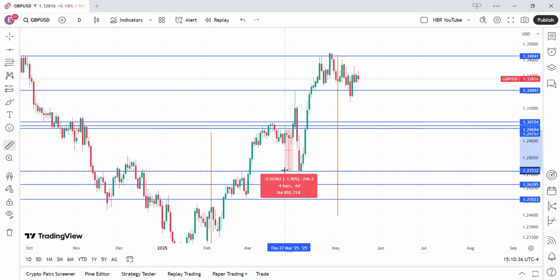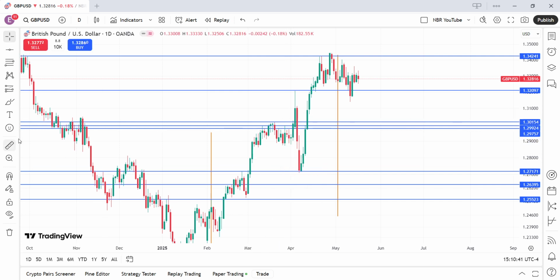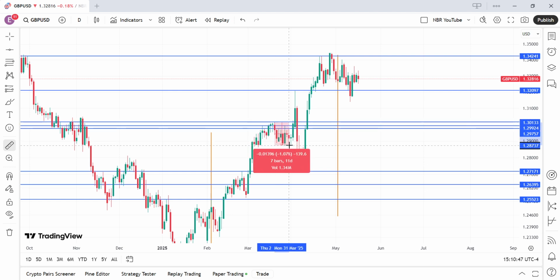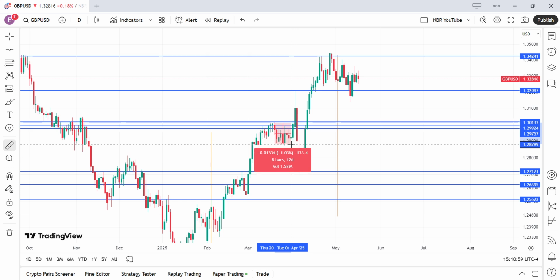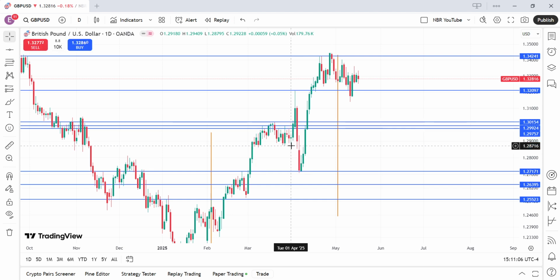Okay, we have this distance 246 pips, and from the 236 pips, we have 139. So 139, like we arrive into the middle.